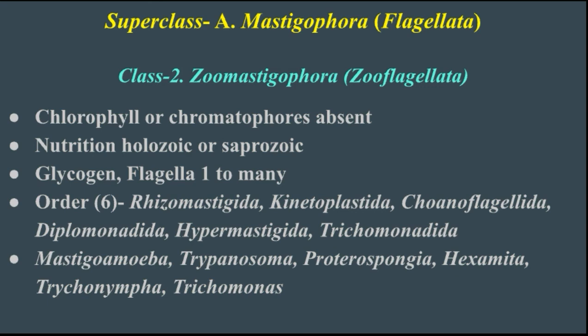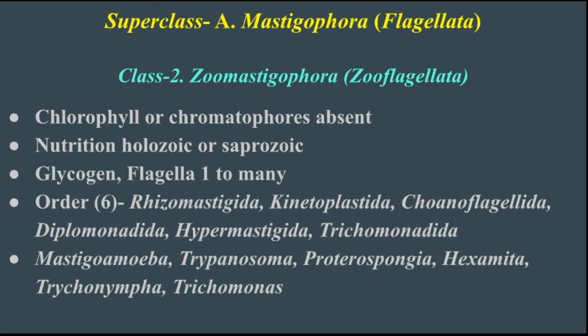The first order is the Rhizomastigida. The first example is Mastigamoeba. These are the examples of Rhizomastigida. Next, second is the Kinetoplastida, with Trypanosoma. Choanoflagellida is Protospongia.